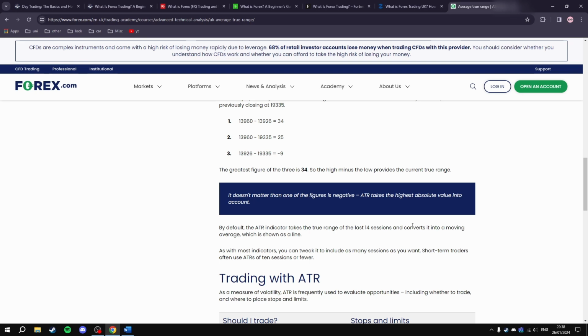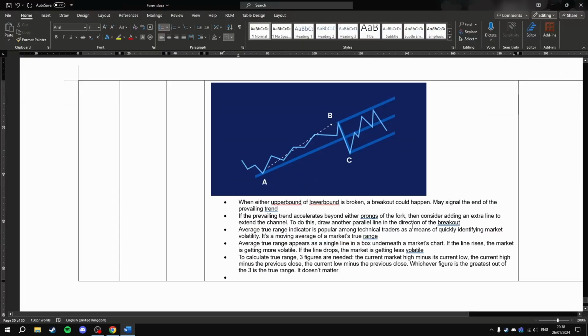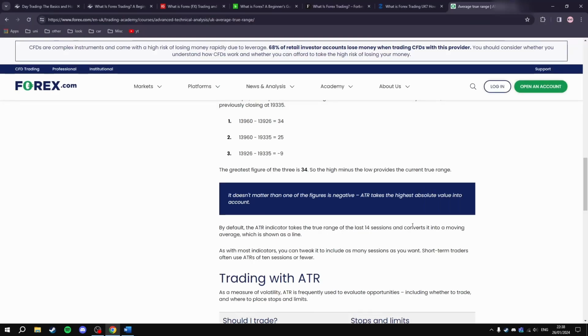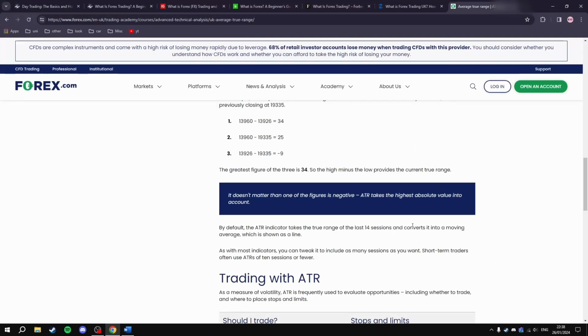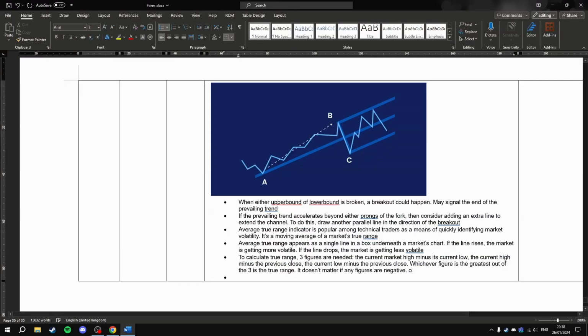It doesn't matter because it's absolute, so it doesn't matter if any figures are negative. The highest absolute value is used.